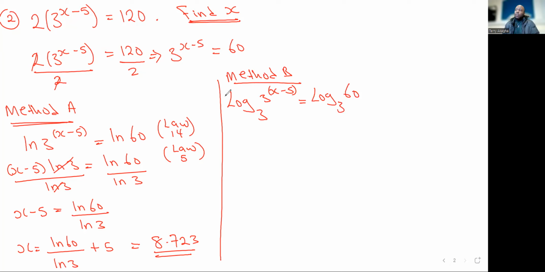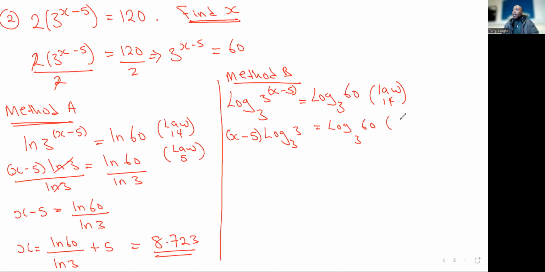I will bring this to the front. So this is law 14. For those that want to go back and have a look, I'm going to bring this to the front. So that's going to give me (x-5) times log 3 to base 3 is equal to log 60 to base 3.